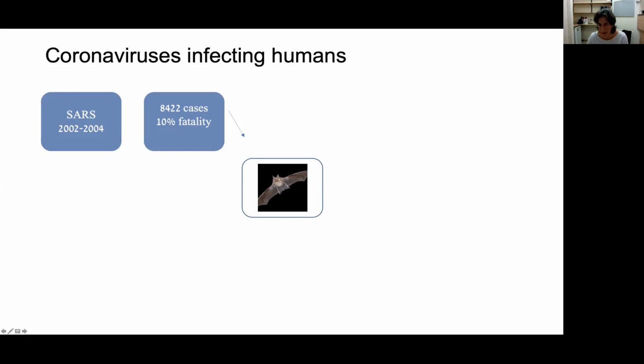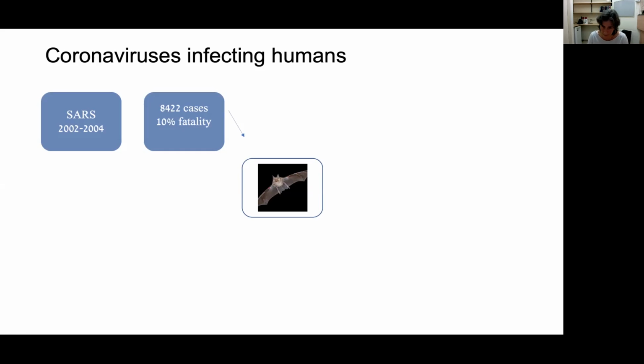It came from animals, as I mentioned before, as most coronaviruses do. At some point, a close virus to the coronavirus that caused the first epidemic was found in bats, but it wasn't close enough to the variant that was found in humans. So it was assumed that SARS had an intermediate animal.